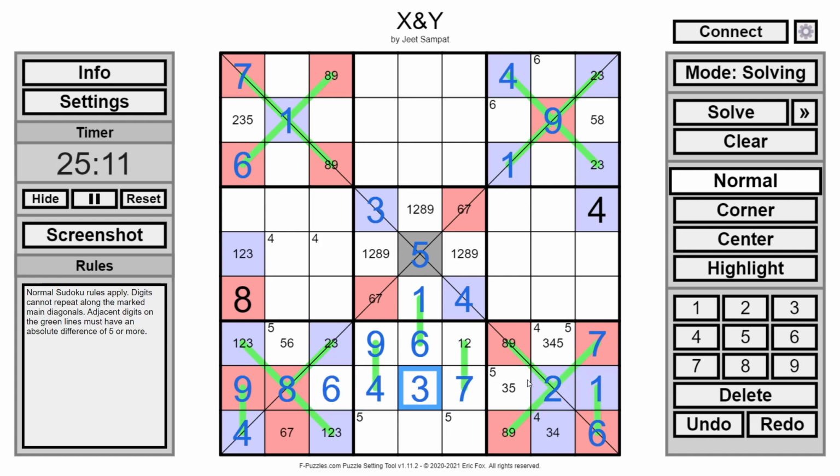And this is a 3 and this is a 5? Okay. So if this is a 4, this is a 6. I'm not sure how helpful that was.